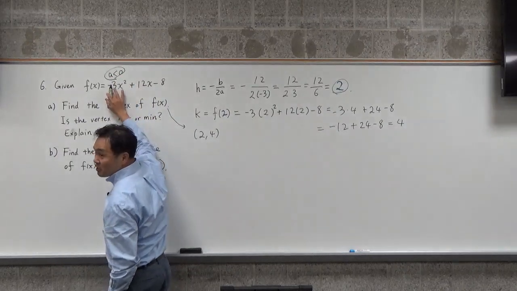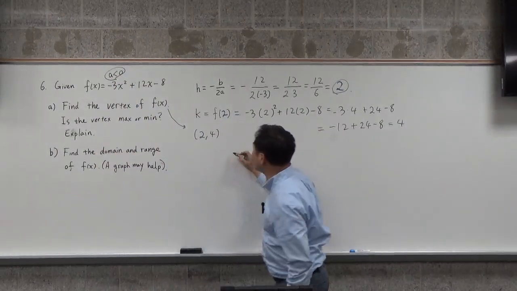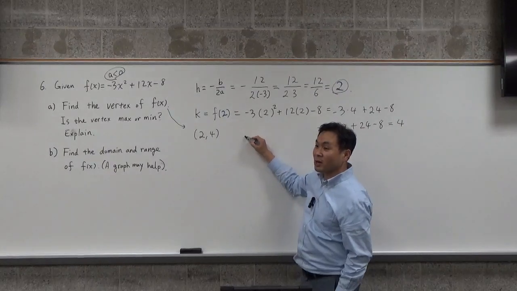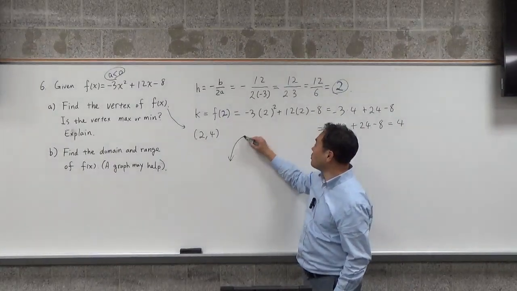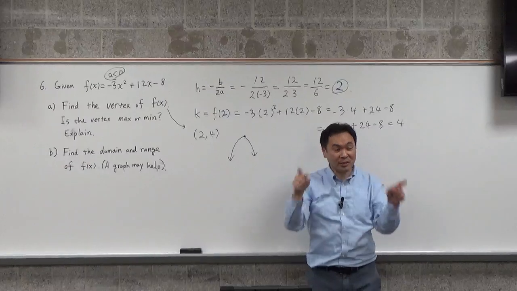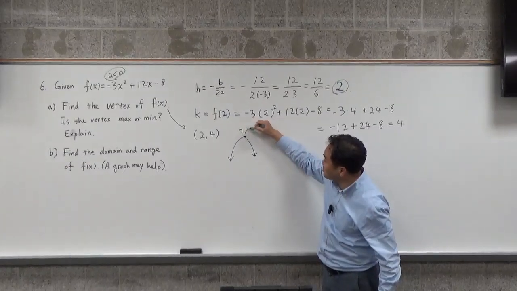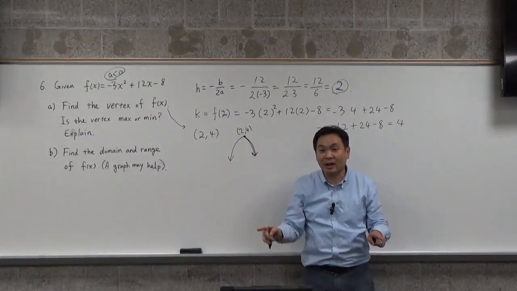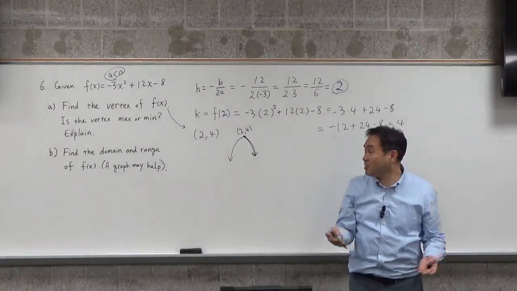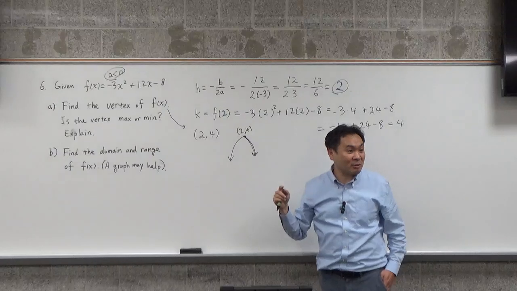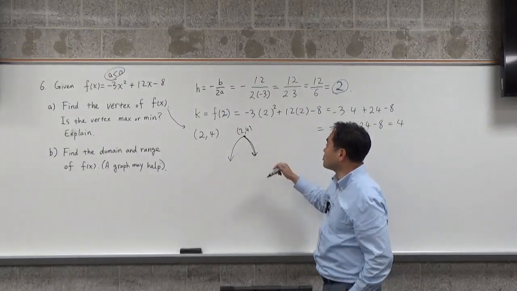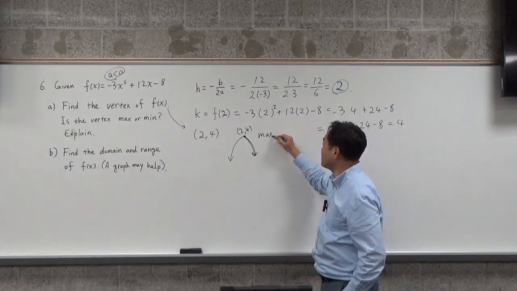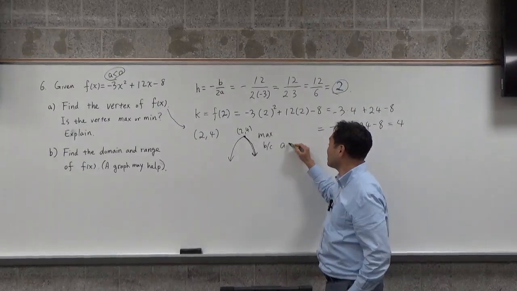If a is negative 3, the graph will be opening down, upside down. So here will be the vertex (2, 4), and the graph is going to open down like that. In such a case, the point would be a maximum, because a is less than 0.